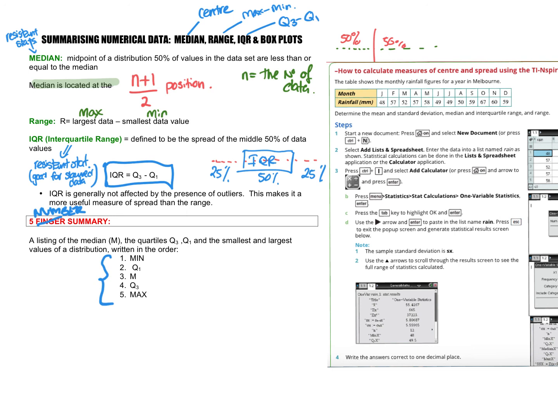Is it a real representation of this class? No, but it will drag that up. But the median will still be similar. It'll be correct because the middle person will still be the middle person, even with that big outlier up there. So the median is also resistant to those big extreme values. So it's a better measure of center. All right.